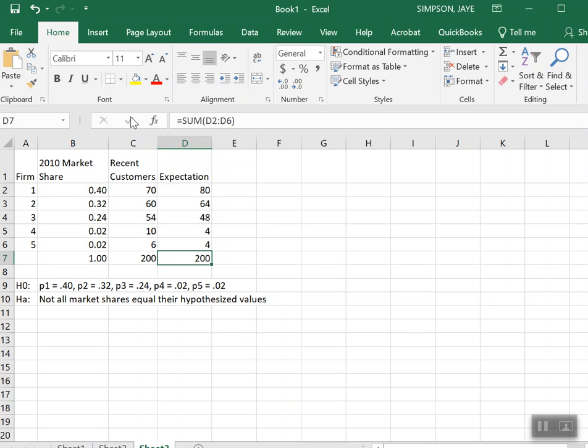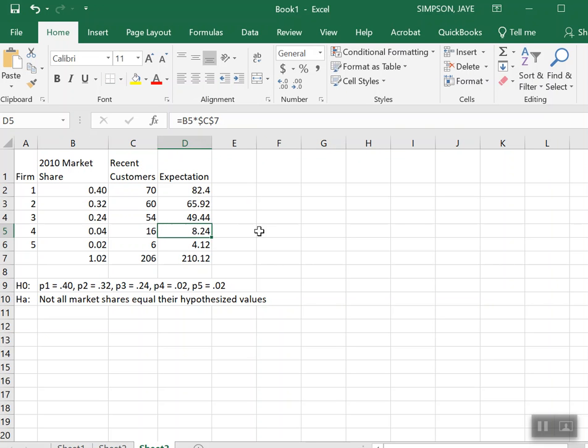If they don't, we know we've made a mistake somewhere. All right, now we've already talked about, since firm 4 and firm 5 are less than 5 each, we have to combine them. So I'm going to just change this up here. Instead of this being 0.2, I'm going to change it to 0.4. And instead of this being 10, I'm going to change this to 16.